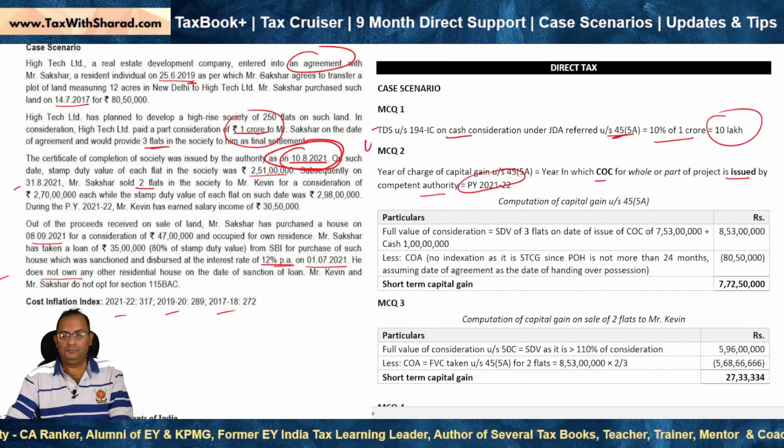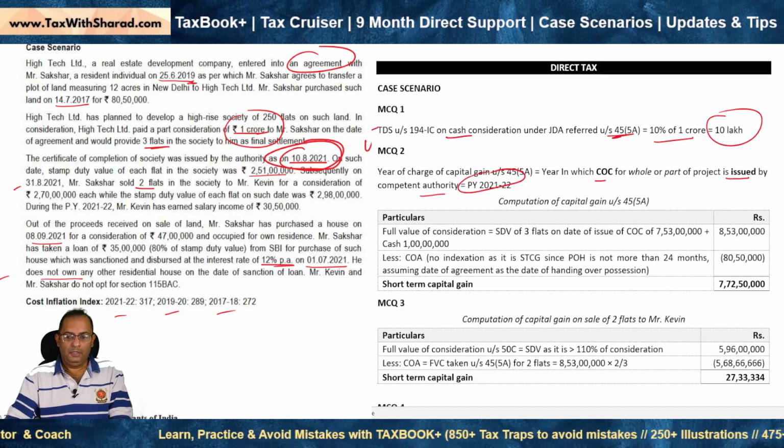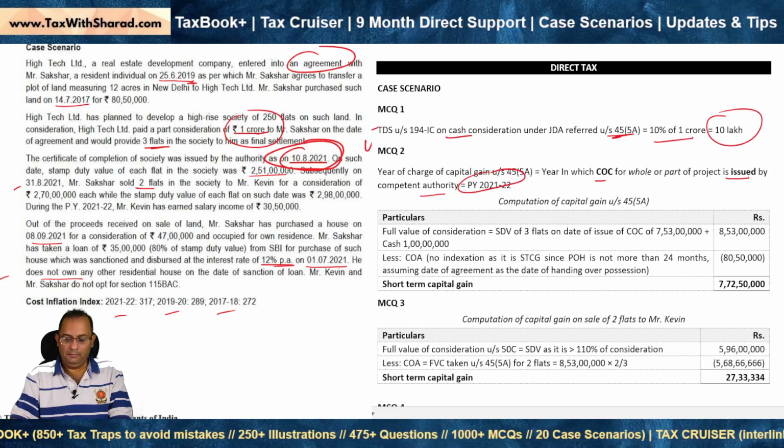So in absence of information, we can assume that this 25th June 2019 is also the date of handover of the possession. But this is the year of transfer, though the charge happens in the previous year 21-22. The other part of this question was computation of capital gain under section 45(5)(a).